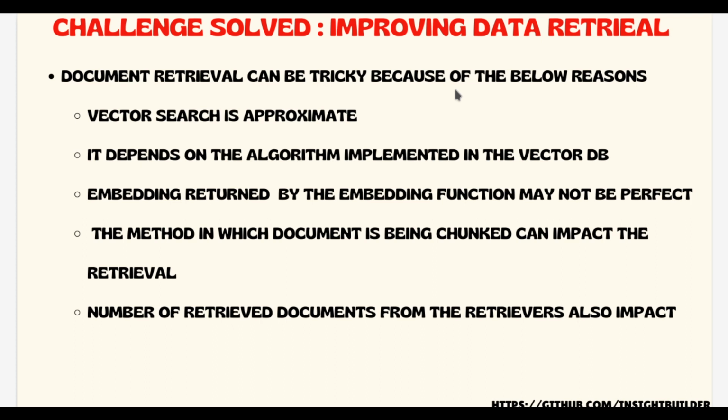This can sometimes be really useful, and sometimes it might give you an answer which is no longer useful for you. Another challenge is that the algorithms implemented by the vector stores, the approximate nearest neighbors or k nearest neighbors, can also be different. Third factor is the embedding functions themselves.